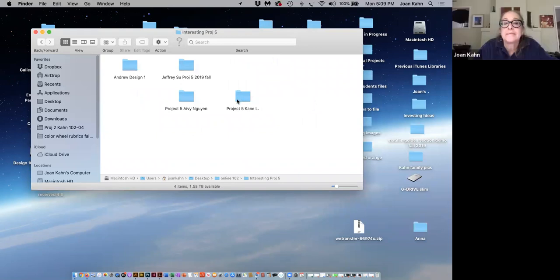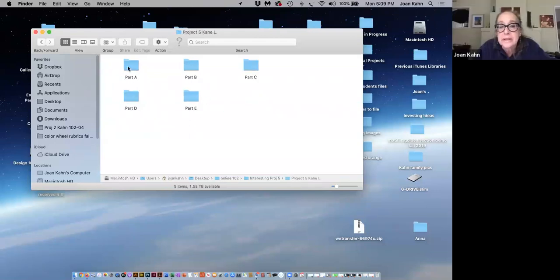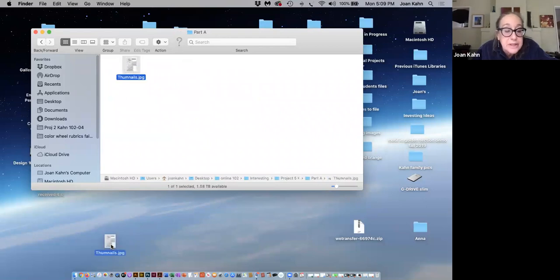So here's, would you like to see a geometric or a more realistic one? A realistic one, maybe. Okay, here's a guy who was a very young student who came into Art Center as an illustration major. Here are his thumbnails for this project. He did a bunch of little drawings in his sketchbook.